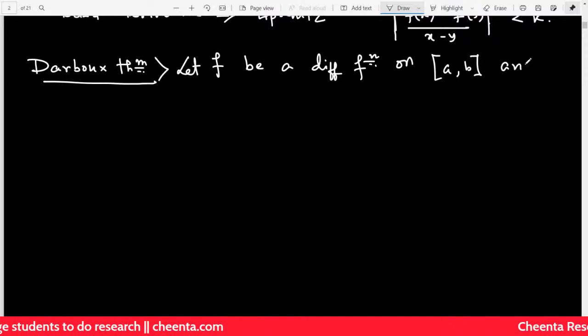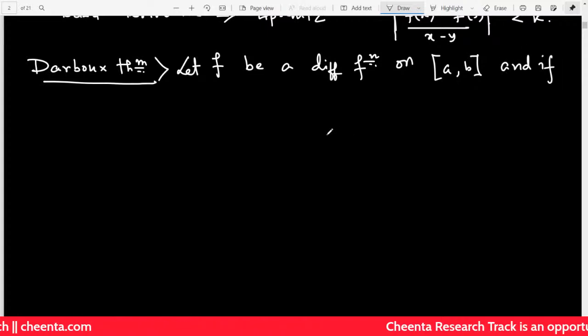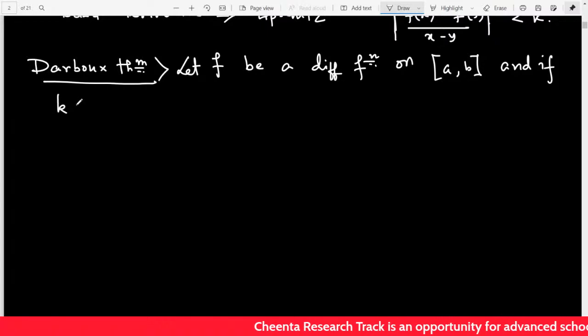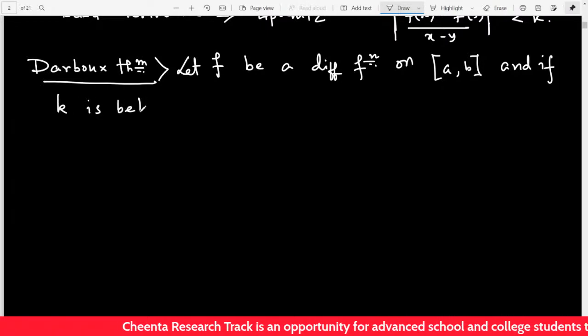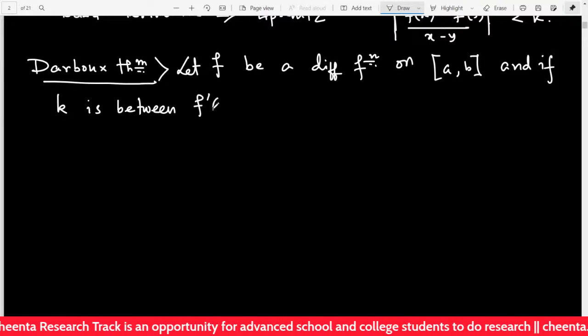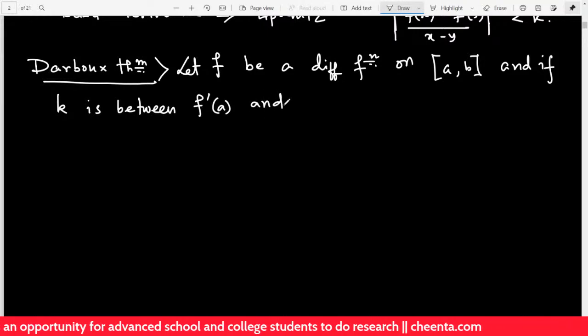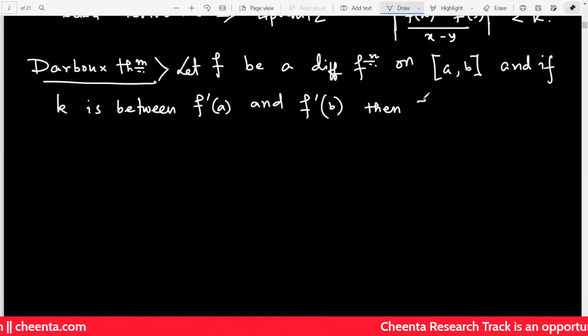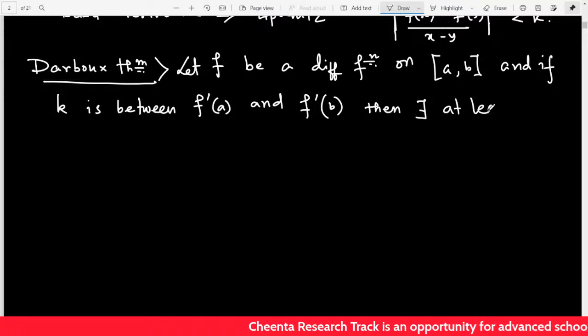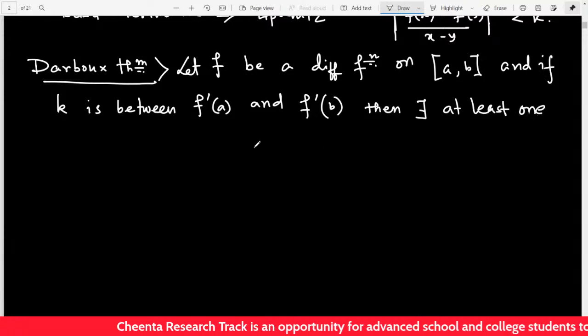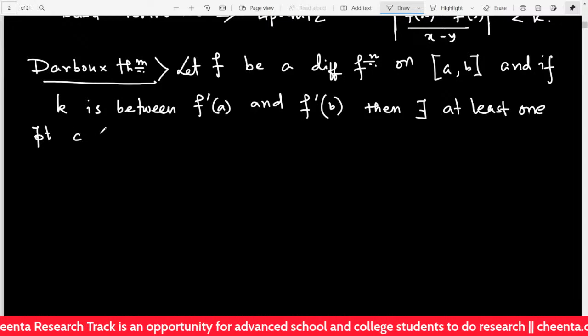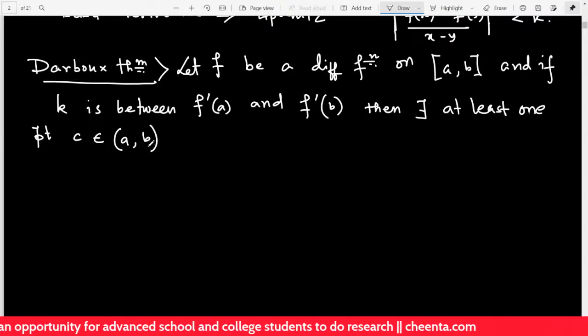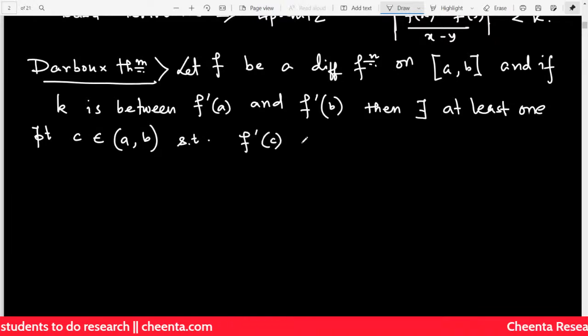If k is between f prime a and f prime b, then there exists at least one point c in (a, b) such that f prime c is equal to k.